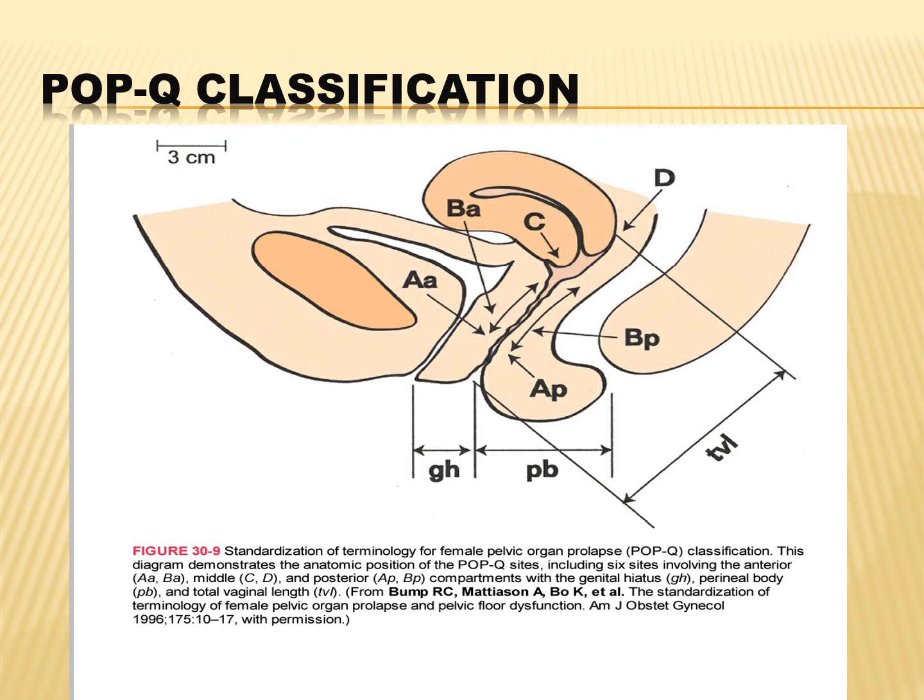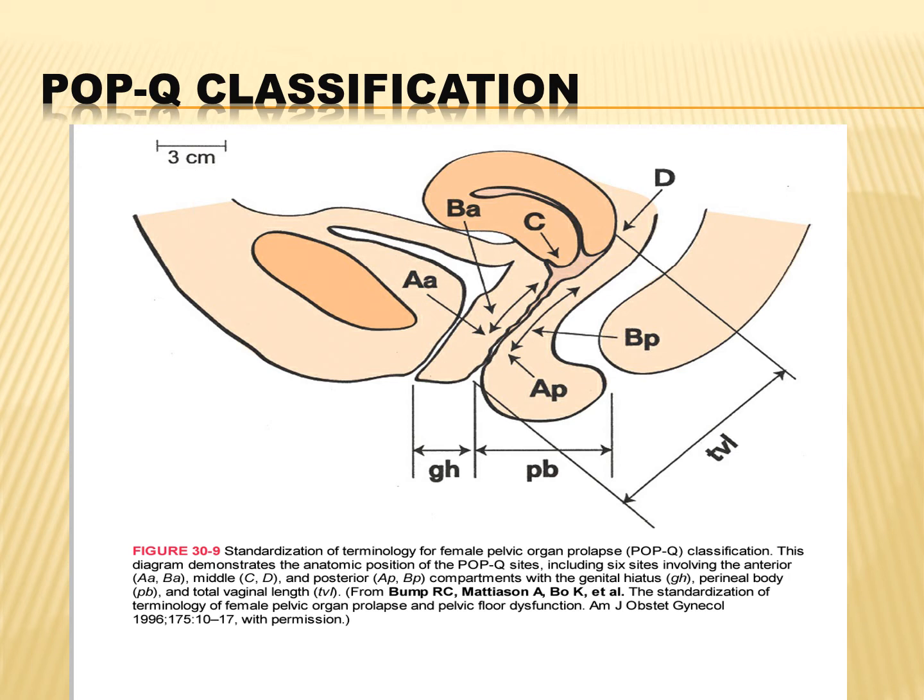And what are the 3 points on the posterior vaginal wall? Point AP, that is point A on the posterior vaginal wall. Point BP, that is point B on the posterior vaginal wall. And point D. So these are the 3 points on the posterior vaginal wall. And what are the other 3 measurements we are taking in the POPQ classification?